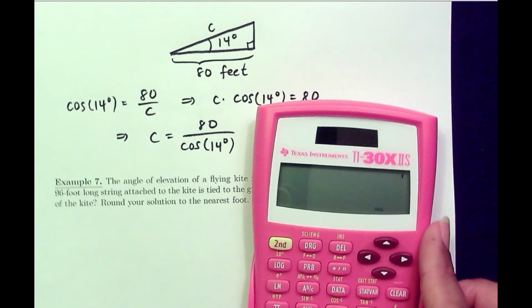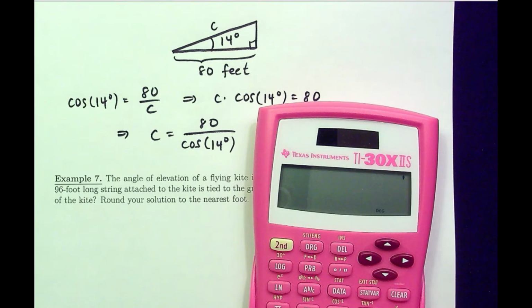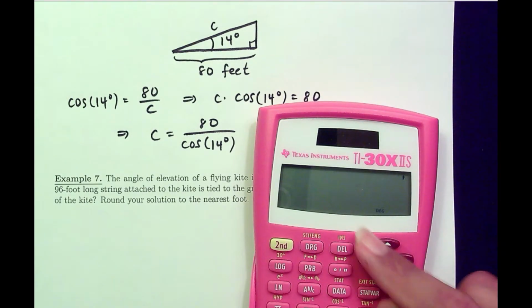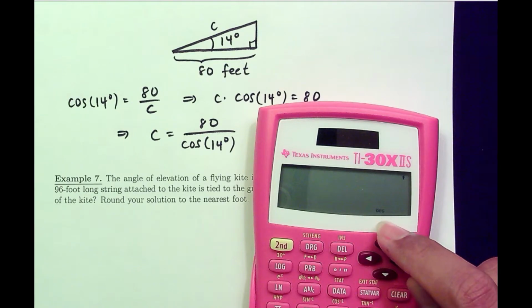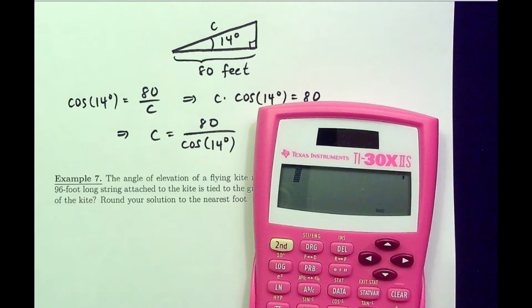As soon as you go to your calculator to plug this in, make sure that you always make a habit of checking that the calculator is set to accept the correct form of the angle you're dealing with. We're dealing with degrees, so that should say degrees. All right, so the calculator is good to go.